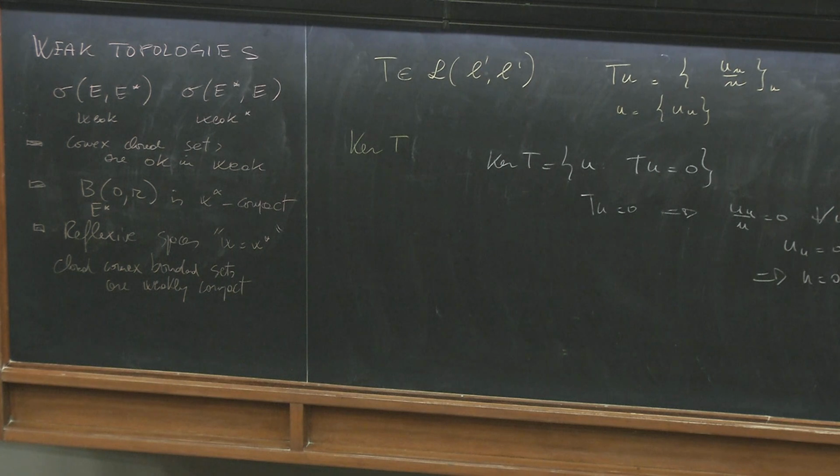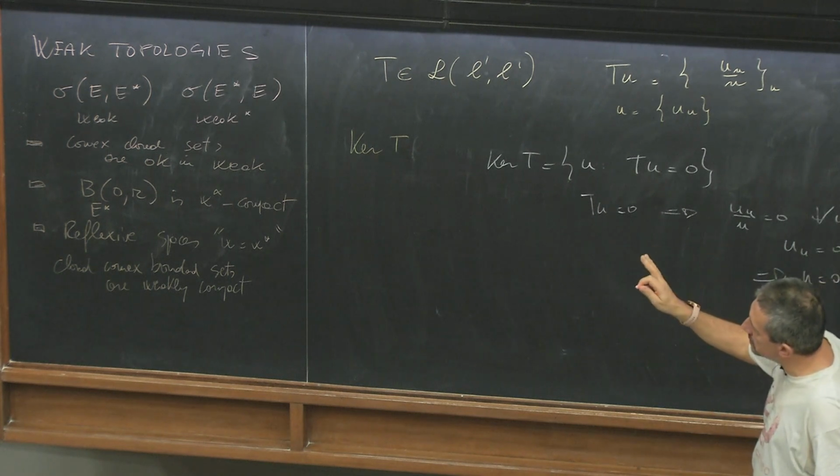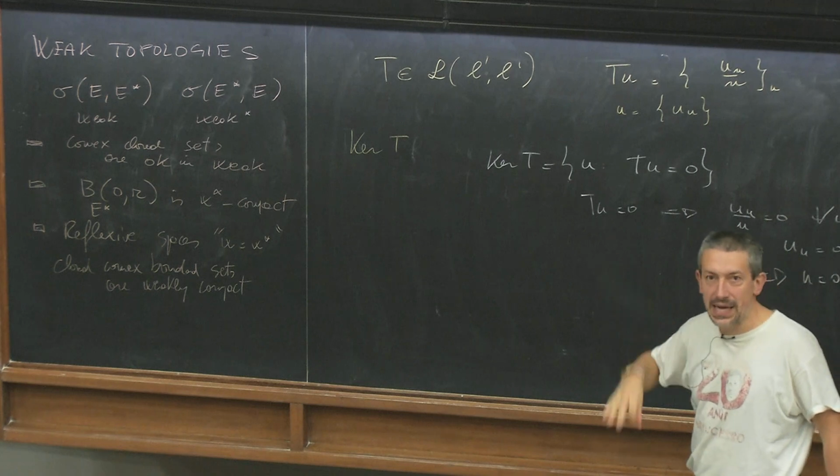And now, weakly compact, so what about subsequences? Because the topologies cannot be metrized.